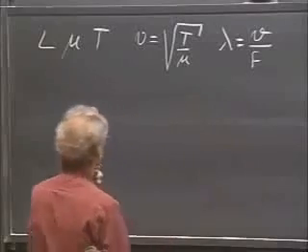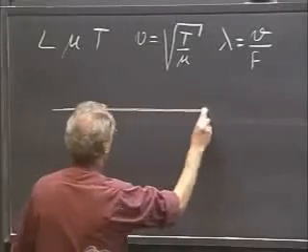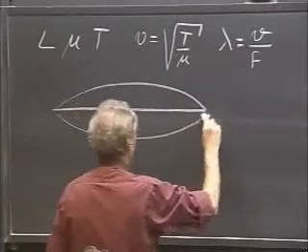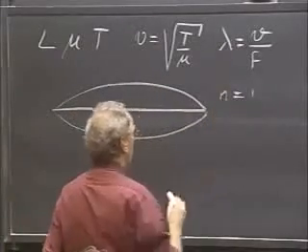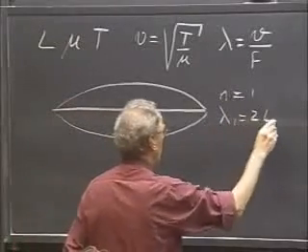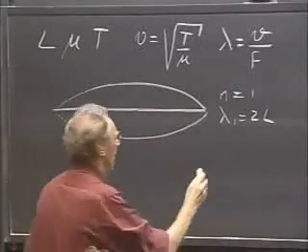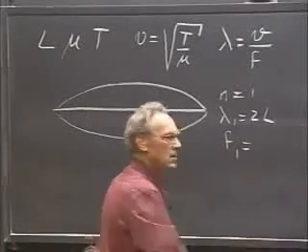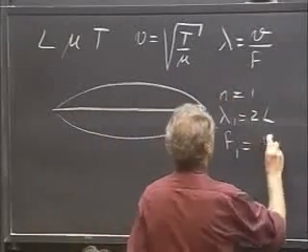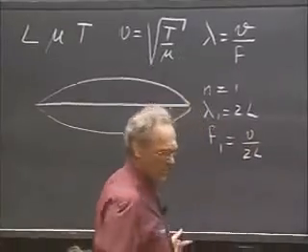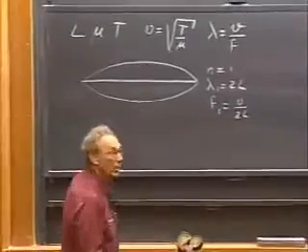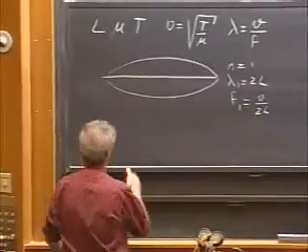And so in its lowest mode, we call that the fundamental, first harmonic, you will get then this situation, n equals 1, and lambda 1 is then clearly 2L, if this length is L, and the frequency is then V divided by 2L. So that's the frequency for the lowest possible mode. First harmonic.